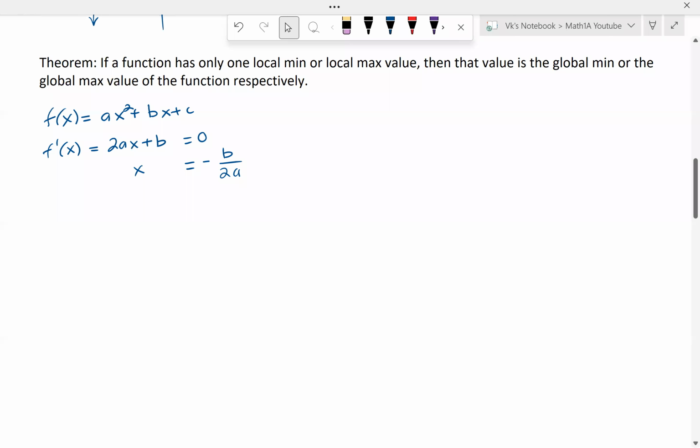And if it is a local minimum, then the parabola will look like this. And if it is the local maximum, then the parabola will look like this.